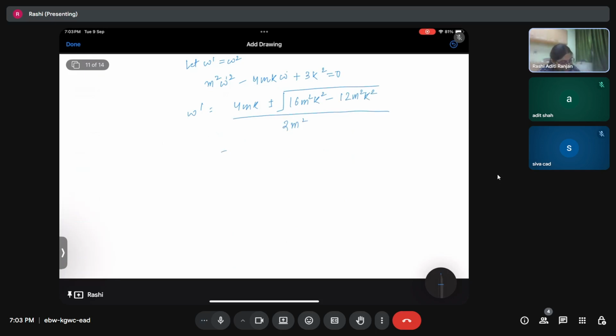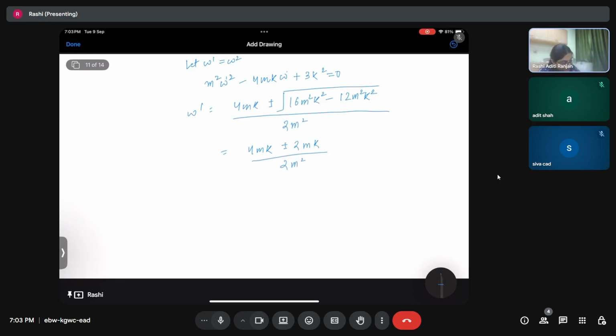So we'll have 4mk plus minus, so 16 minus 12 is 4 and under root of 4 is 2, twice of mk by 2m square.